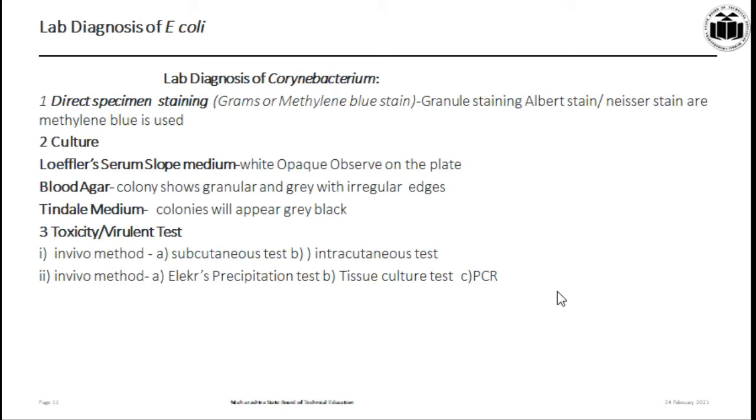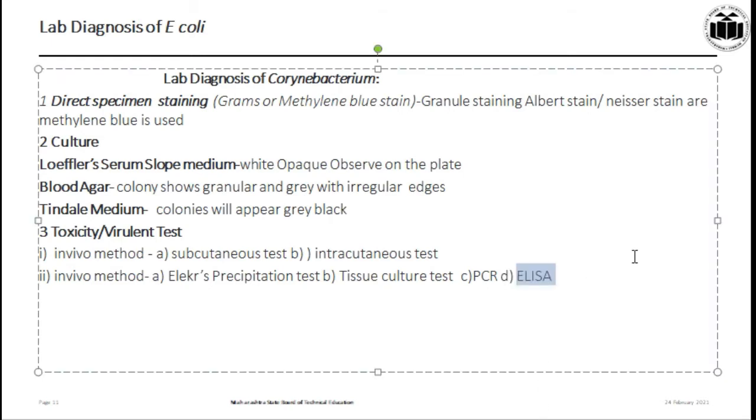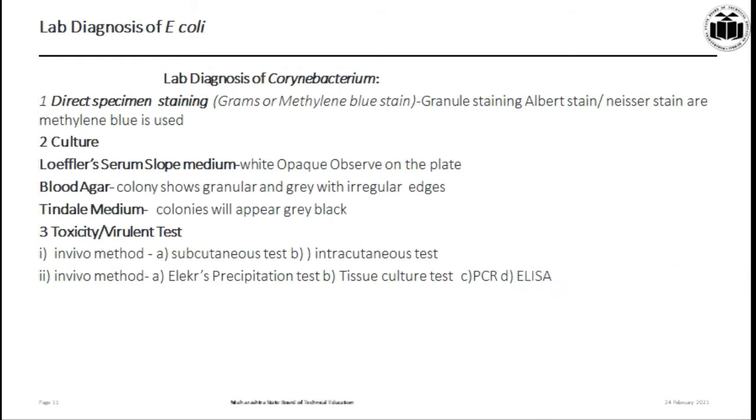If the tox gene, which is responsible for producing the Corynebacterium toxin, is detected in the sample, it is said that the organism belongs to Corynebacteria, and more specifically to Corynebacterium diphtheriae. And the ELISA test is also performed to diagnose the toxin, and the antitoxicity test to diagnose the Corynebacteria.